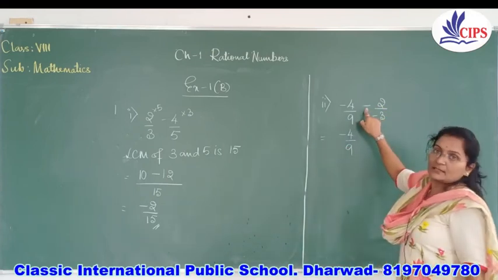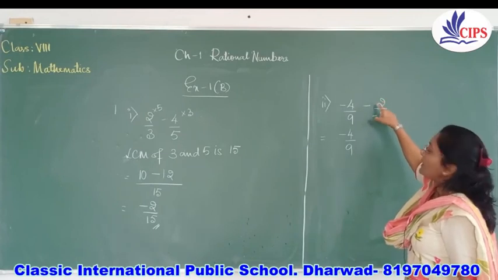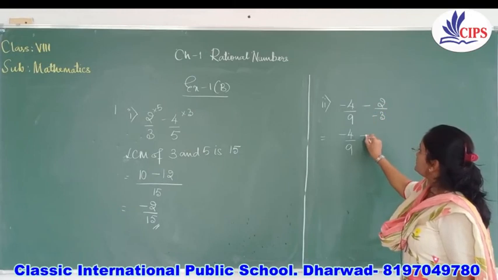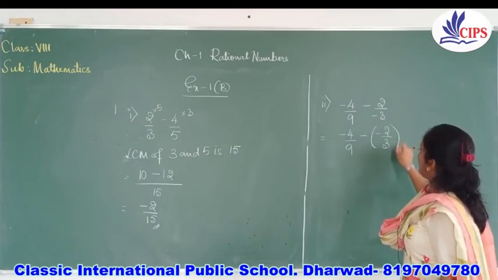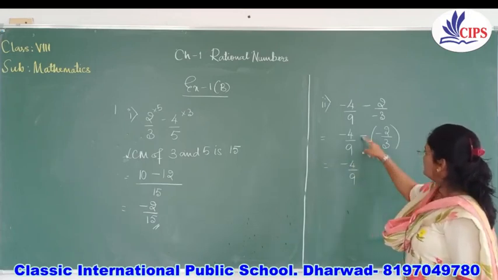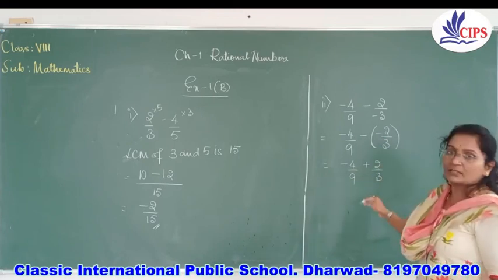Now this sign is a subtraction sign and this is a negative number, so if I take that number up, it becomes minus 2 by 3. Minus into minus becomes plus. So minus 4 by 9, minus into minus is plus 2 by 3. Now we'll start solving it.